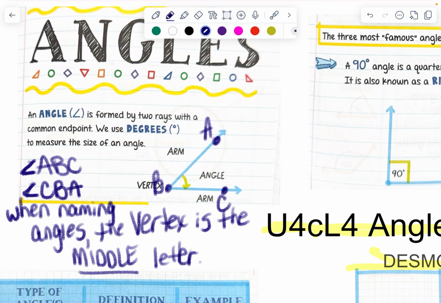So you would read it A, B, C, or C, B, A. Okay? That's just when naming or reading angles.